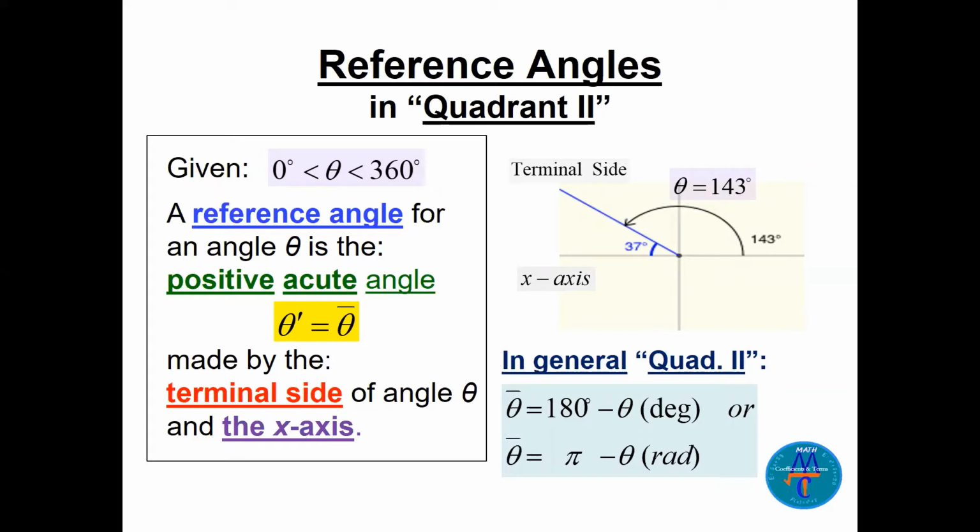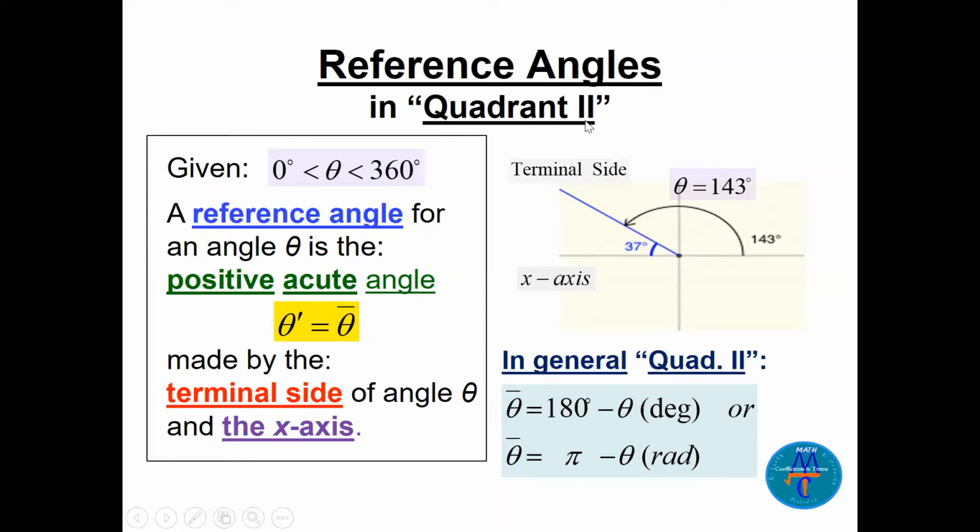Now you have to reach an angle between 0 and 360, so it will be in either quadrant 1, 2, 3, or 4. The reference angle, by definition, is the positive acute angle. We call it theta prime or theta dash. This is made by the terminal side of the angle theta and the x-axis. That's the definition. Let's apply it to one example here.